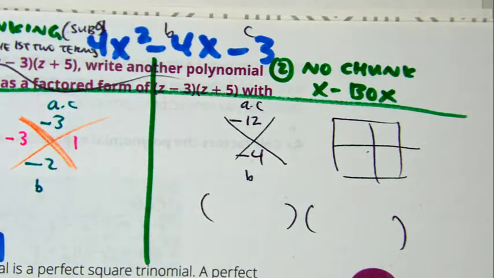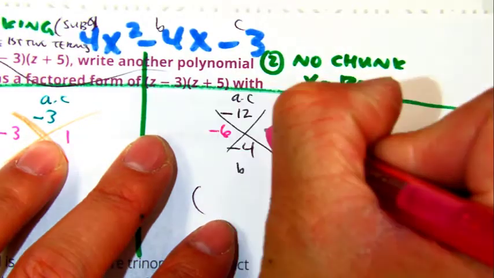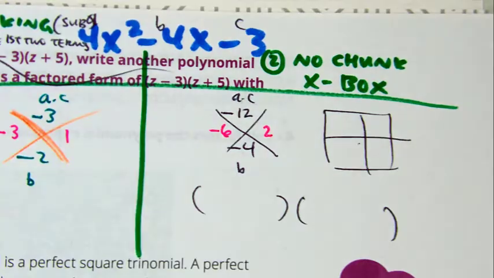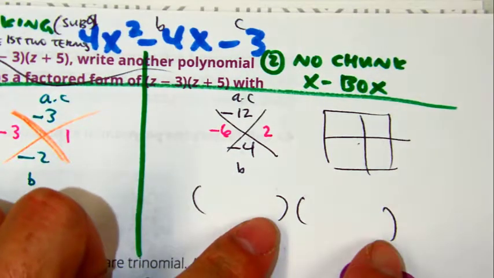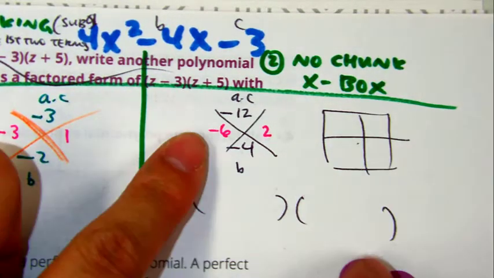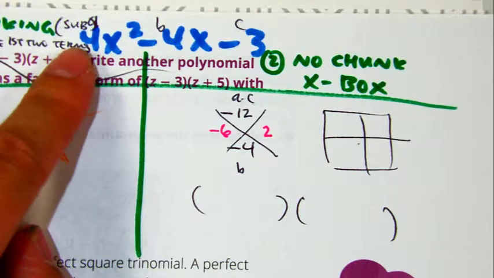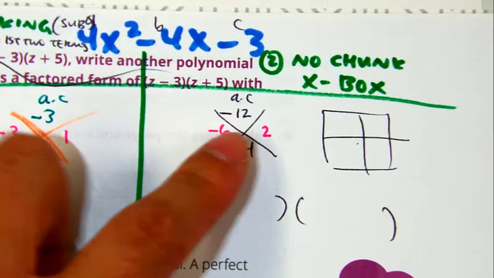Fania, what is your two numbers? Where are you sitting? There you are. Negative 6 and 2. Class, show me your thumbs, yes or no. Can I put in negative 6 and 2 here? Okay, the answer is no. Remember, A value is greater than 1. So you have to use both the X and the box.